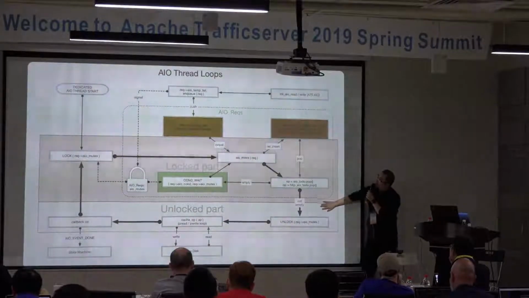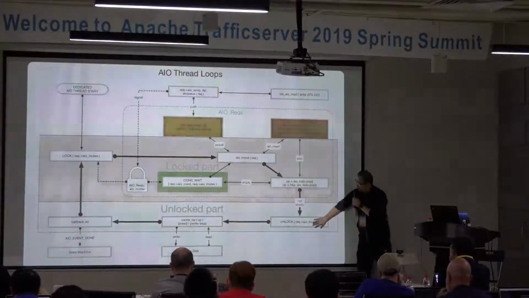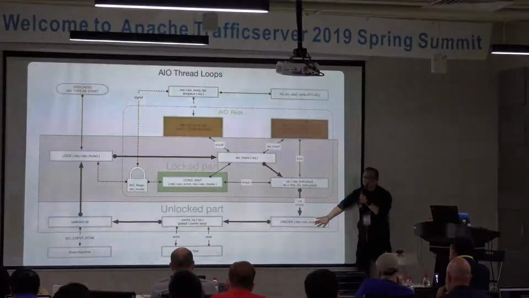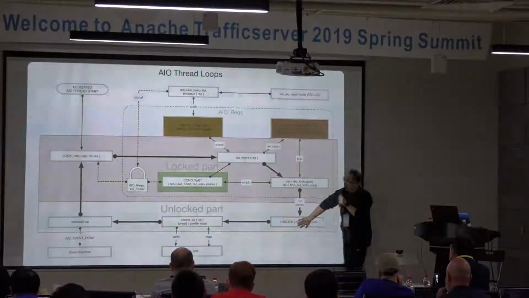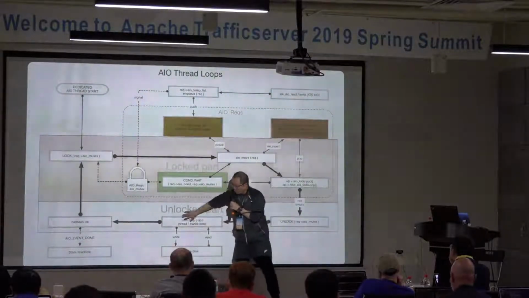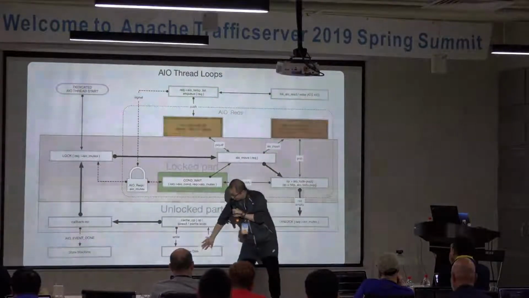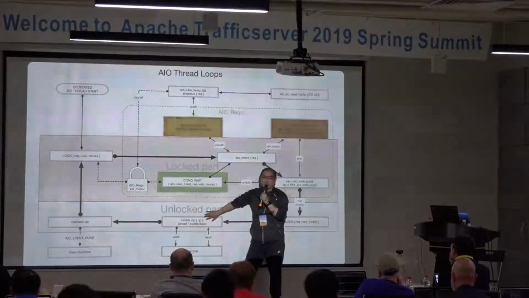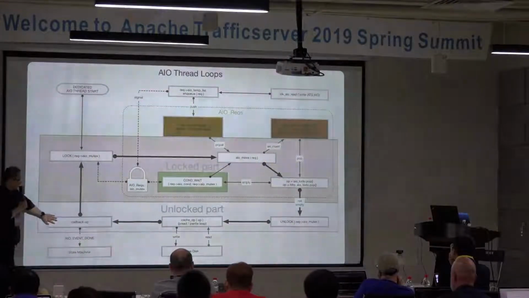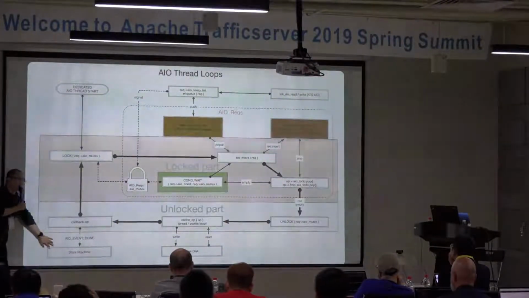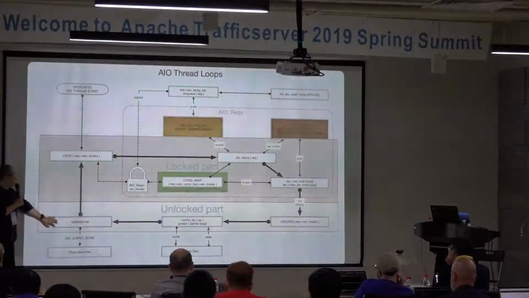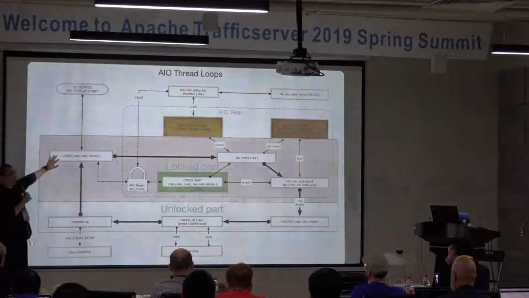When the IO thread gets a new IO task, it unlocks the mutex and reads or writes the IO task to the disk, or reads from it, and then calls back the state machine to inform that the IO operation is complete and goes to the next loop.